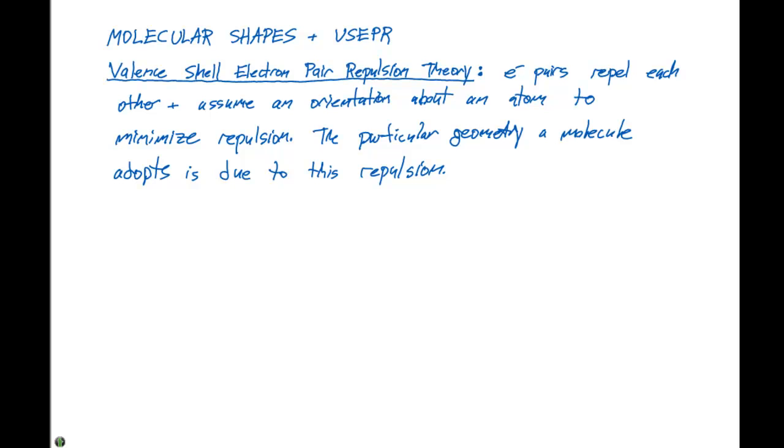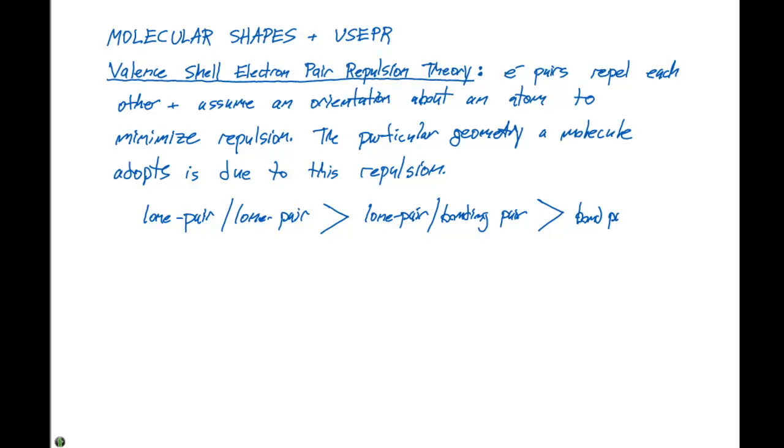And when we look at repulsion, we have to look at the lone pairs on a central atom and the bonding pairs on a central atom. And we find that the greatest amount of repulsion is between two lone pairs. So a lone pair-lone pair repulsion is greater than a lone pair-bonding pair repulsion, which is going to be greater than a bonding pair-bonding pair repulsion.